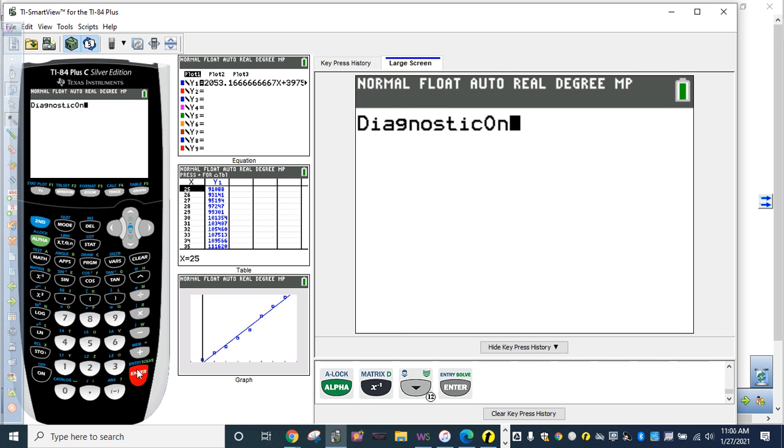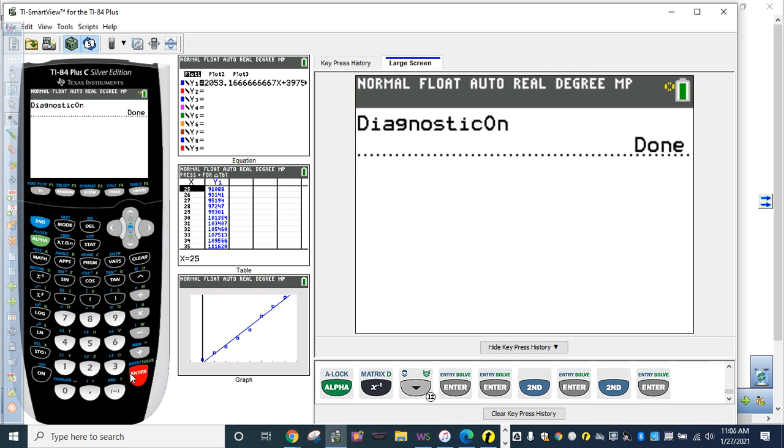It'll say diagnostic on. You have to hit enter again until it says done. Then, if you go second enter twice, it should bring up your linear regression. And when you hit enter again, you should see the r squared and r. If you didn't get that, put your hand up and I will help you.